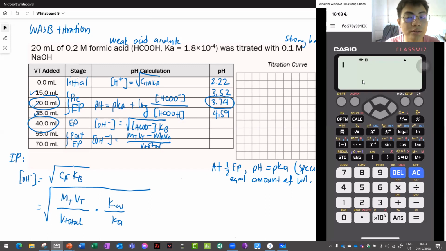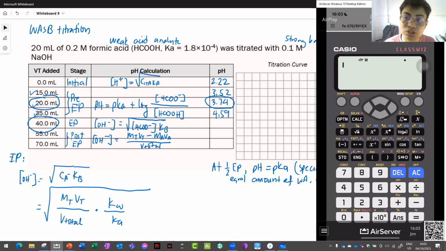Okay, sige, so let's plug in everything. So, OH, that's square root of molarity titrant, 0.1, times volume titrant, 40, over the volume total. So, what's the volume total? You have 40 ml of the titrant plus 20 ml of the analyte, diba? So, yan yung volume total. Times Kw. What's Kw? 1 times 10 raised to negative 14.